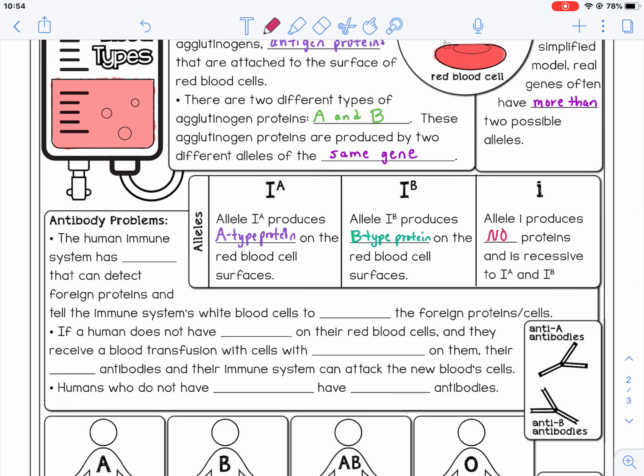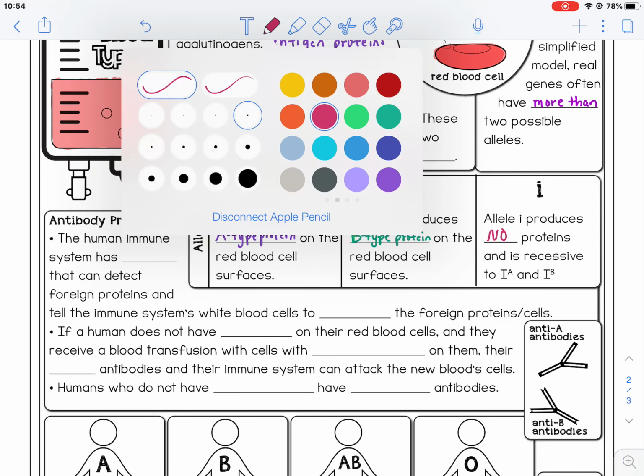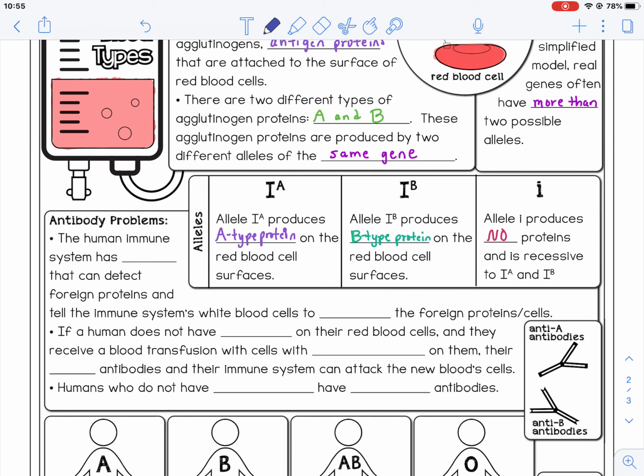Now, there's a situation with antibodies. So the human immune system has antibodies that can detect foreign proteins and tell the immune system's white blood cells to attack the foreign proteins or cells.